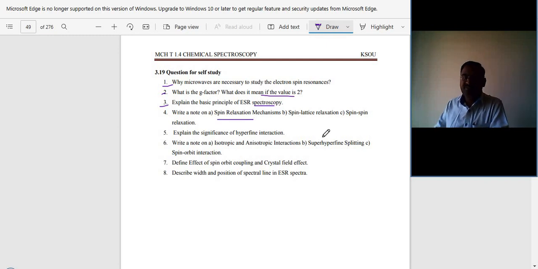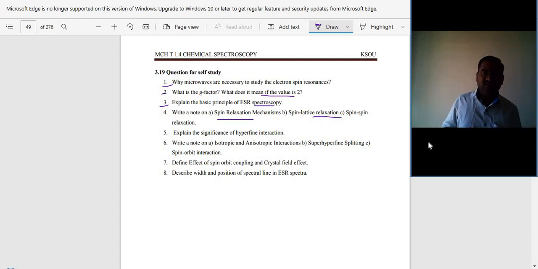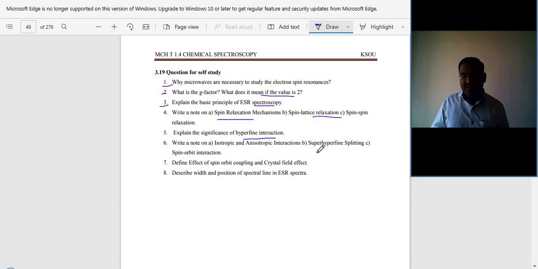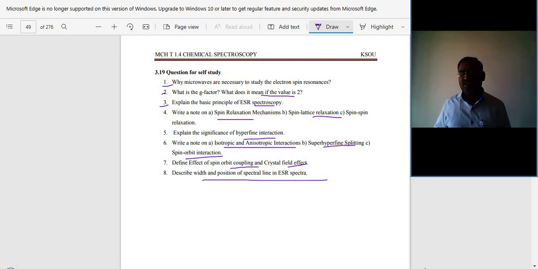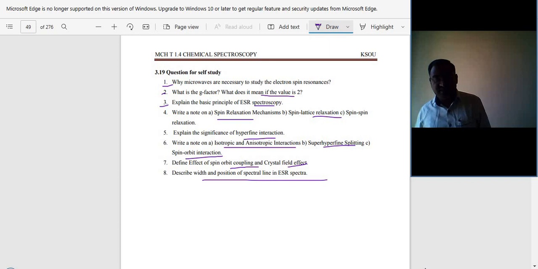Write a note on spin relaxation mechanism, spin lattice and spin-spin relaxation, significance of hyperfine interactions, isotropic and anisotropic interaction, super hyperfine splitting, spin orbit interaction. Define the effect of spin orbital coupling or crystal field effect. Describe the width and position of spectral line in ESR spectrum.